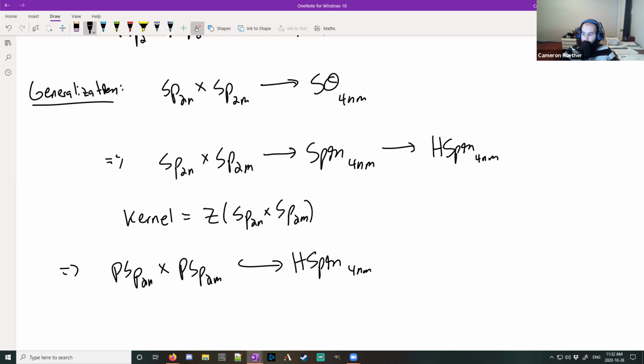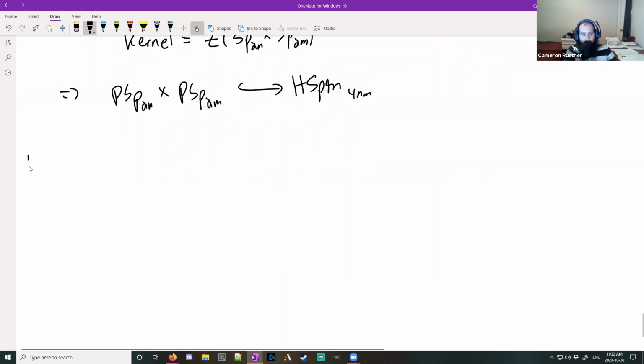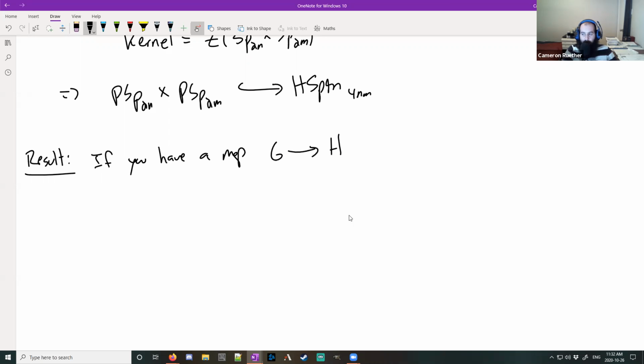So let me just catch up in my notes. Yeah, so once this map was obtained, there is a result, which is that if you have a map just between linear algebraic groups from G to H, you get a commutative diagram of degree 3 invariants.